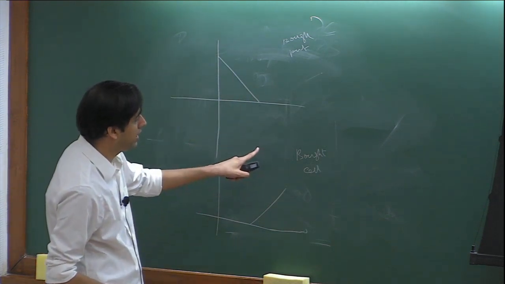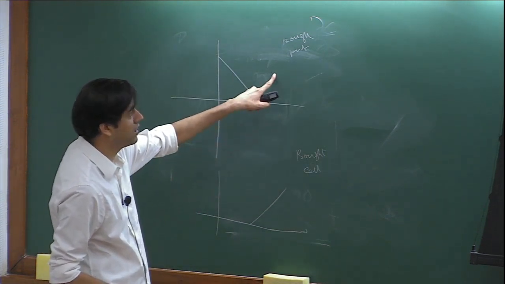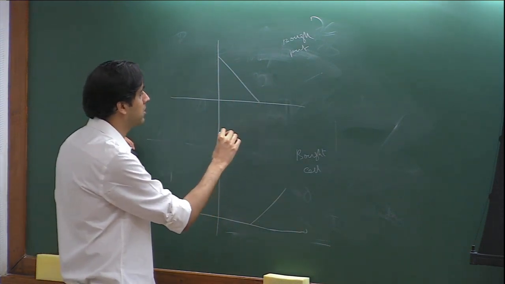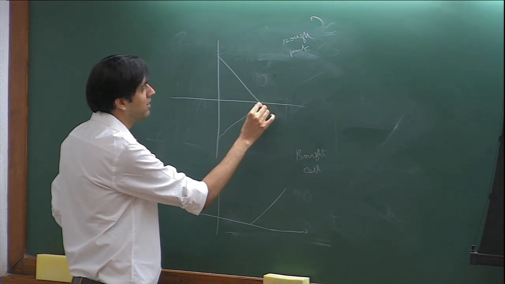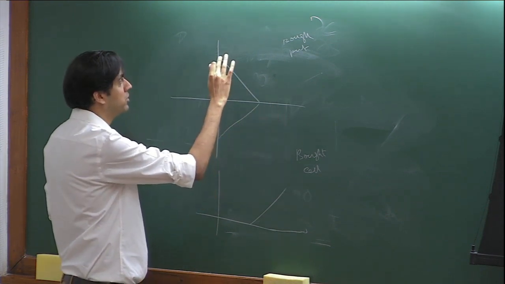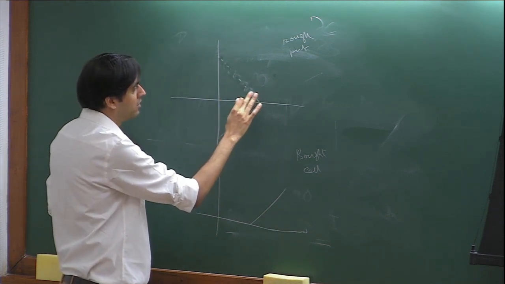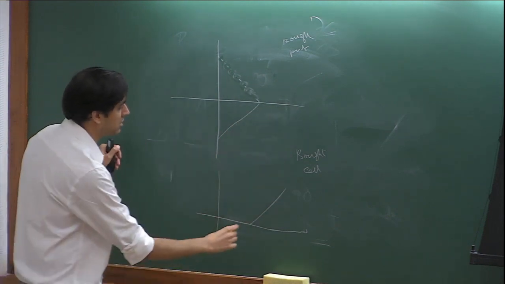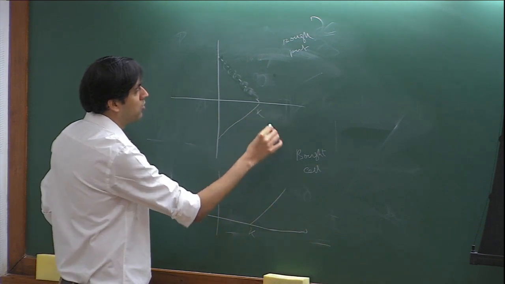So if you buy a call option and you sell a put option, what would the payoff of a sold put option look like? It would be something like this. It's just the opposite of this one, because you are on the other side. And the combination of these two, when the strikes are the same, what would it look like?